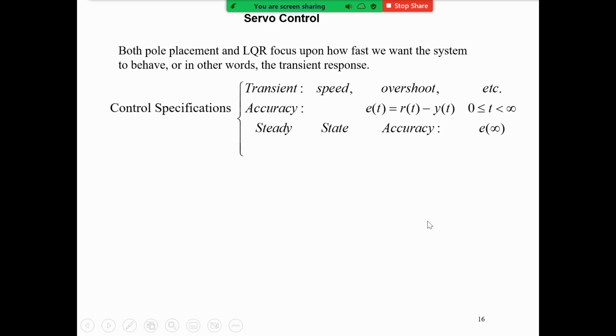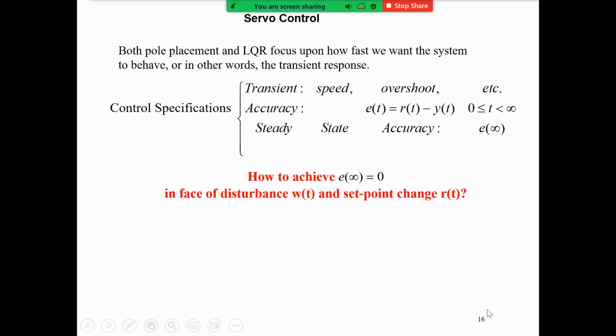Then we need to introduce the servo control. We don't just want the system state values to go to 0. So how do we do that? To achieve this, it consists of two parts. One is stabilization, the other one is servo mechanism.